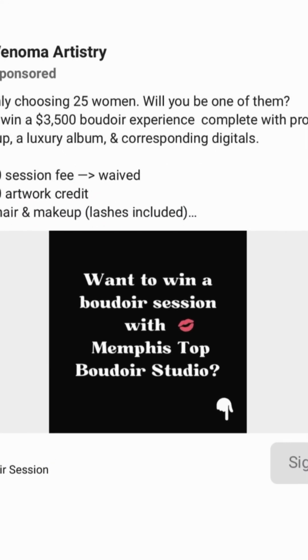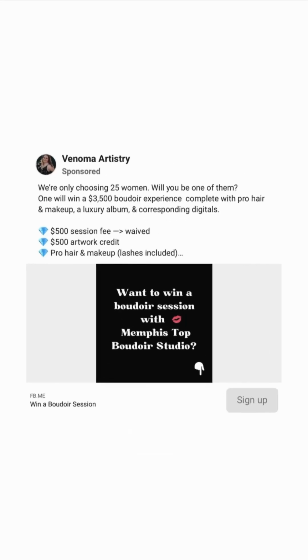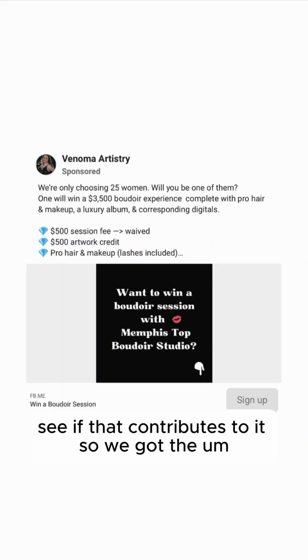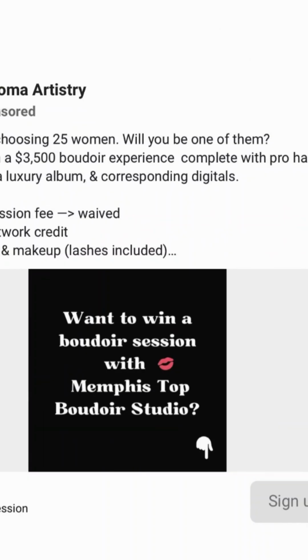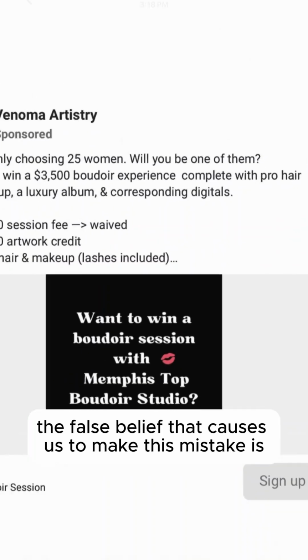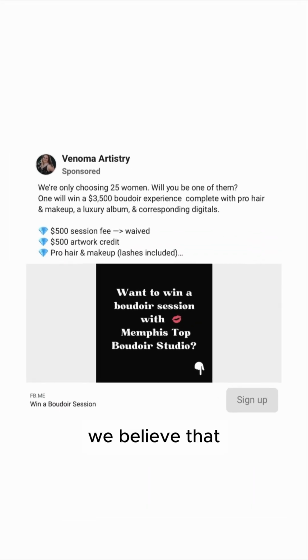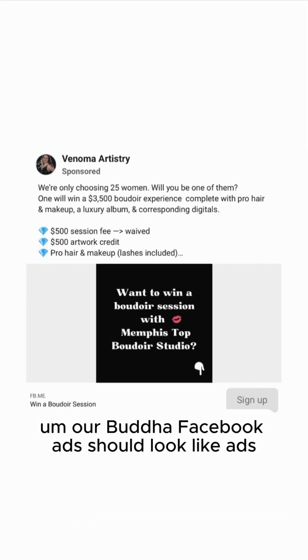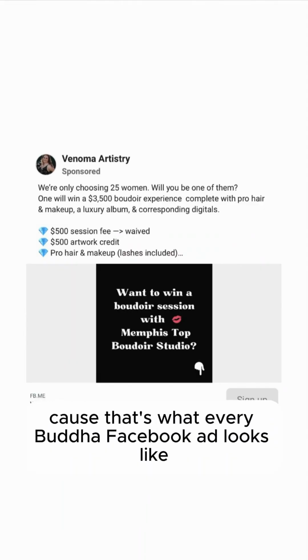Next, we look at the creative, the photo, BLCS, see if that contributes to it. So we got, looks like an ad mistake here. The false belief that causes us to make this mistake is we believe that our Boudoir Facebook ad should look like ads because that's what every Boudoir Facebook ad looks like.